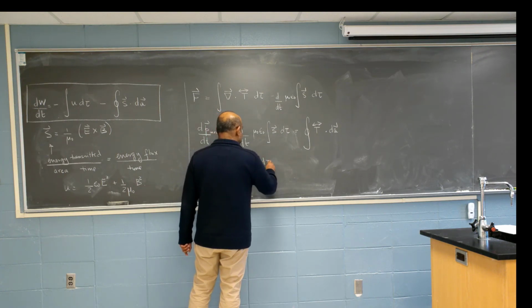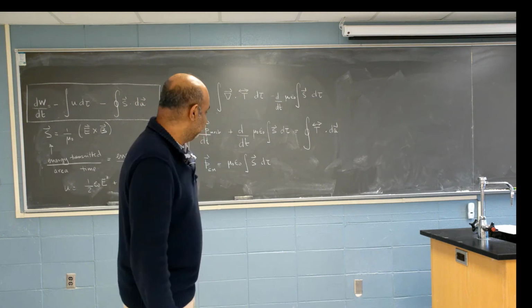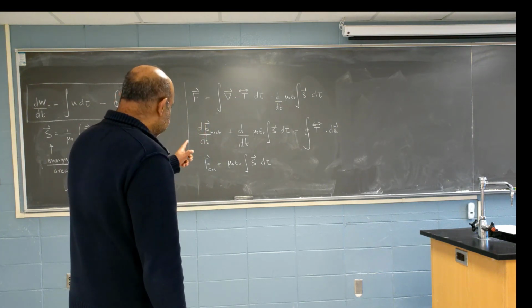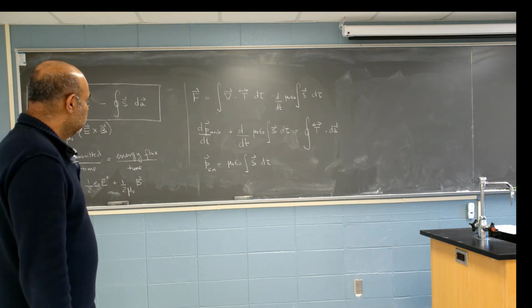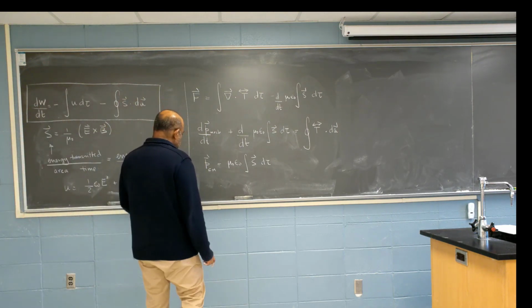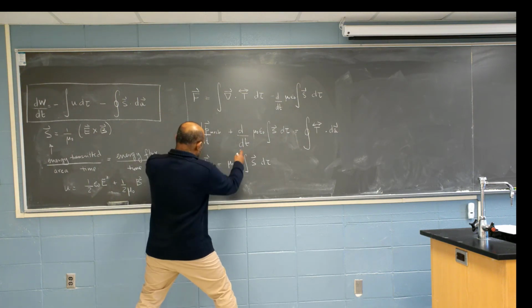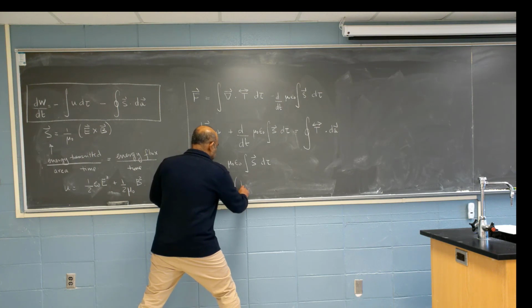Another thing I've been doing is putting vector arrows on everything. Does that interpretation grab you meaningfully? Because then I would have on this side d/dt of total momentum.